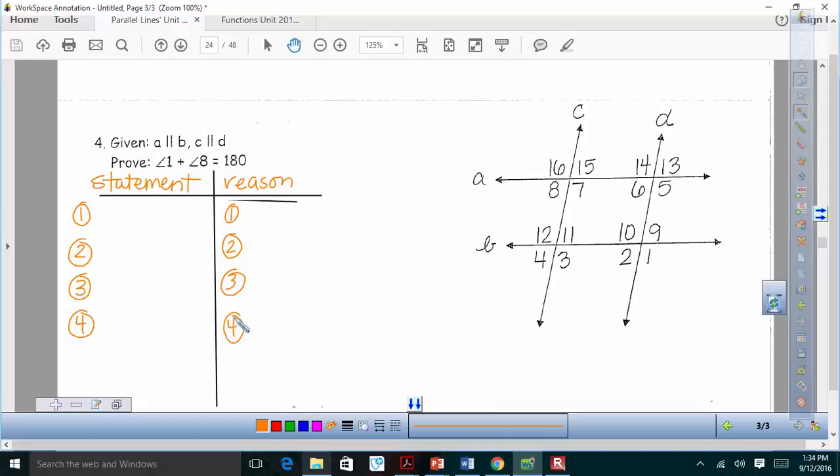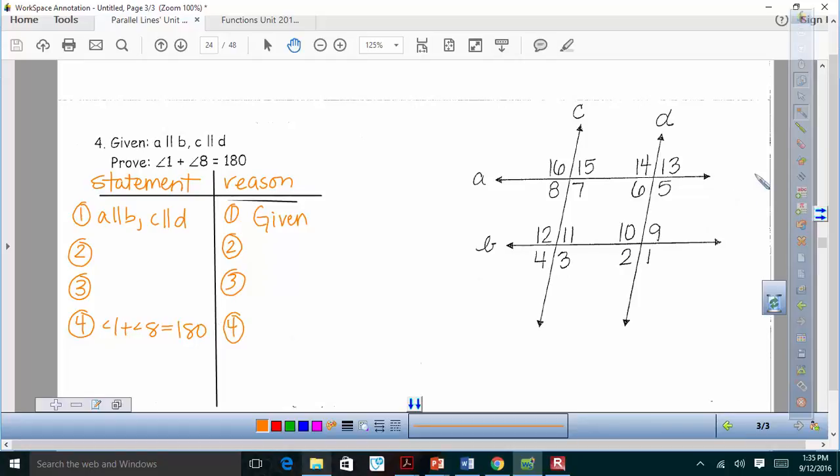What is our first step going to be? Write your given. So A is parallel to B, and C is parallel to D. And we know that because it's given. Okay, and what can we go ahead and write for our fourth reason? The prove. So we're going to write angle 1 plus angle 8 is equal to 180.